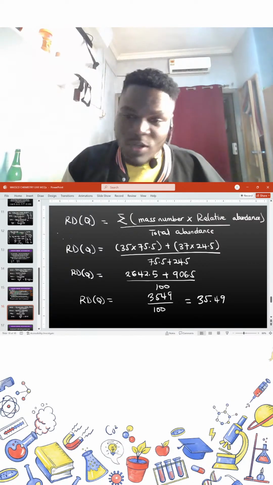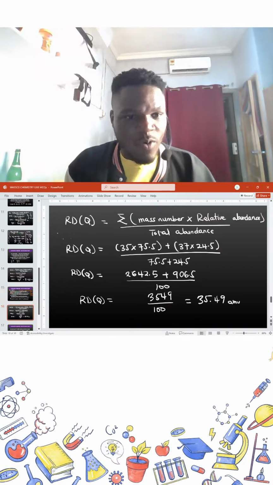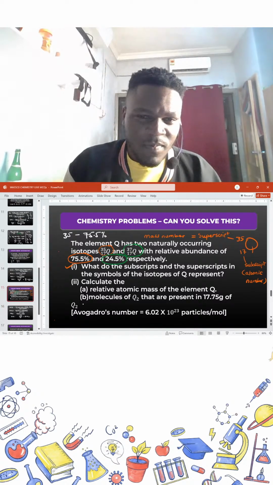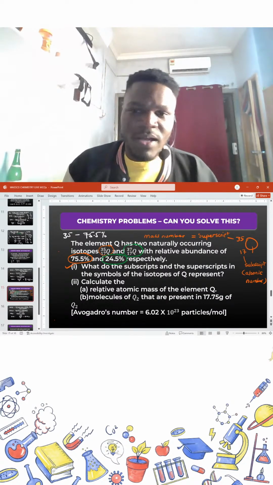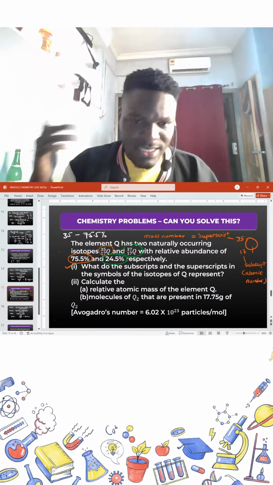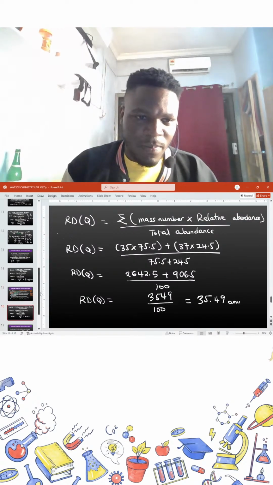Now the unit, you can add AMU, atomic mass unit, or you can leave it, right? But this is the answer for part IIA of the question, the relative atomic mass of the element Q. So this is the solution to that problem.